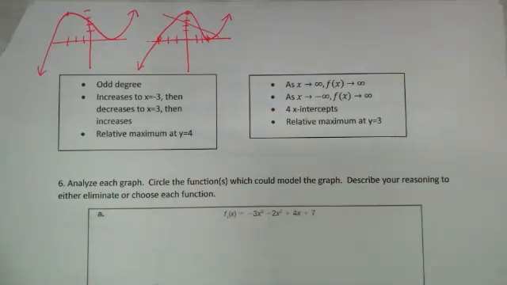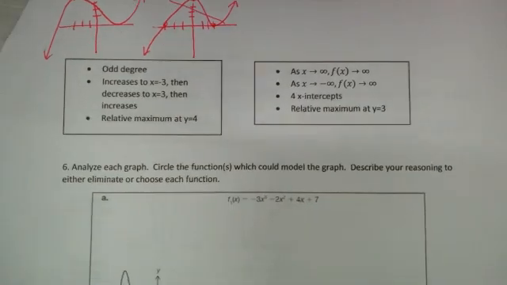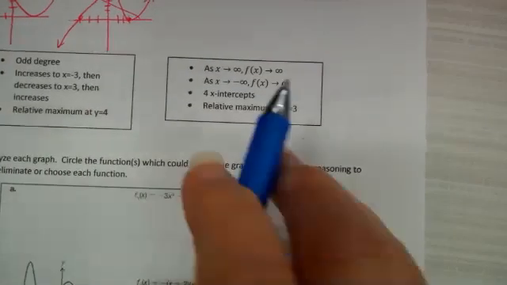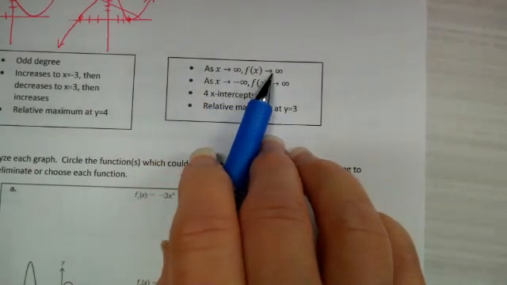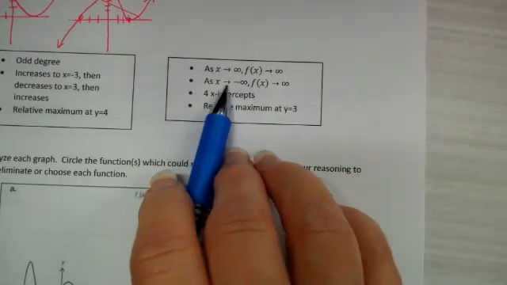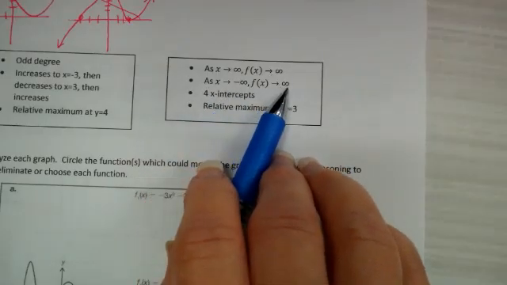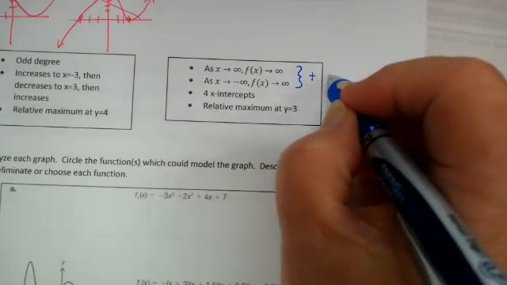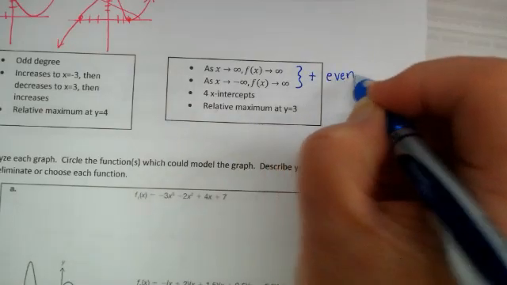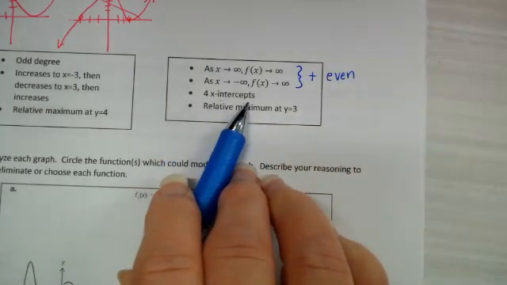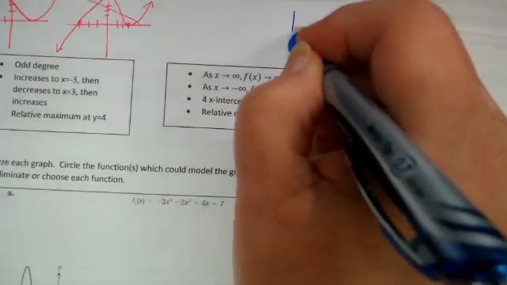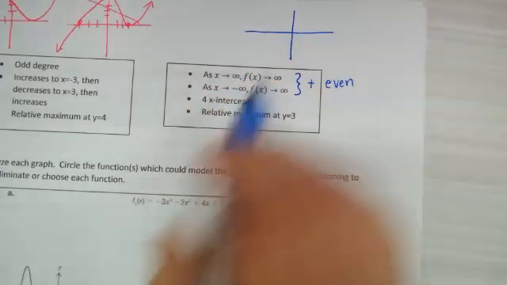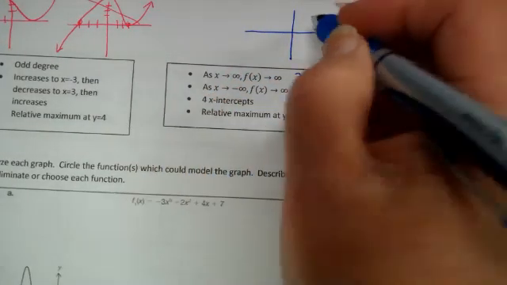So sometimes you have to kind of contemplate the information you're given. So this one says as x goes to infinity, f of x goes to infinity. And then as x goes to negative infinity, f of x goes to infinity. So based on the end behavior, I think this is a positive even. It has 4 x-intercepts. And then it has a relative maximum at y equals 3.